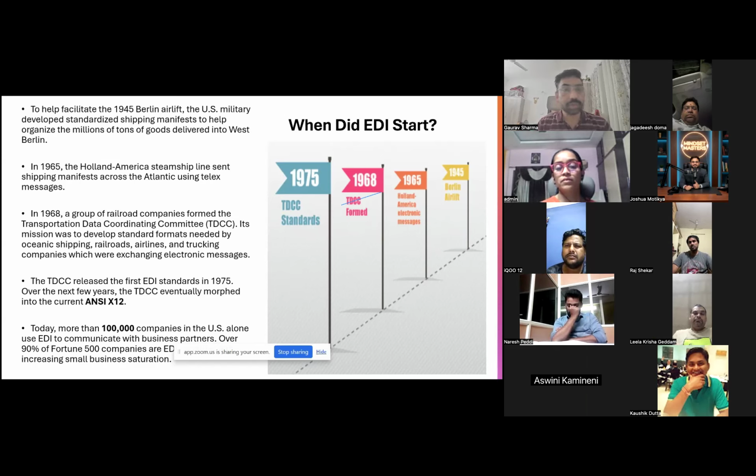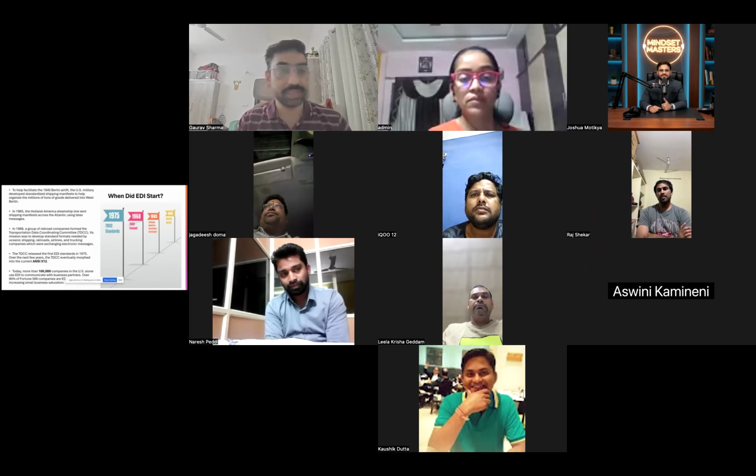And all the shipping and manifest information, the bills, on those tons of goods being delivered to Berlin were standardized. There was a standard laid down during those times. So that was the start of the EDI standards or process. Later, Holland and America also used the same standard, and they exchanged telegraph messages between each other.